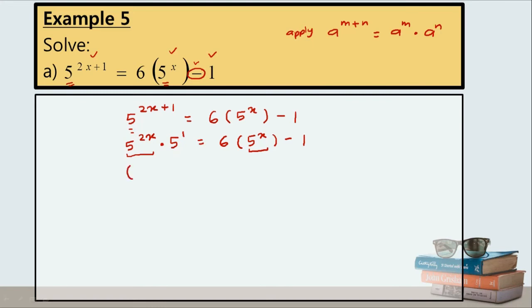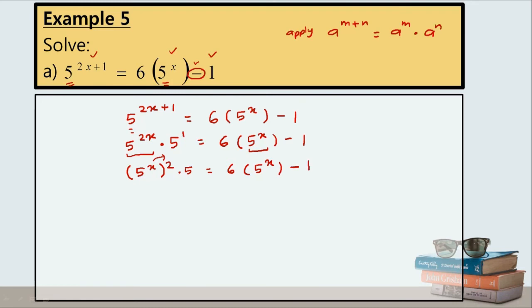Okay, so we can write like this. 5 to the power of x, kita keluarkan kuasa 2. Kenapa? Sebab x darab dengan 2, still dapat 2x. Kita tak ubah apa-apa pun sebenarnya. Okay, and then times 5 equal to 6 times 5 to the power of x minus 1.